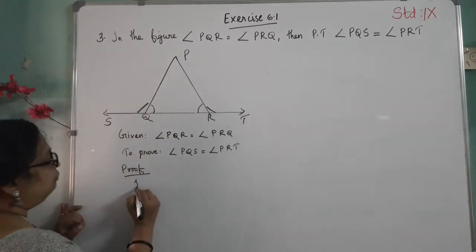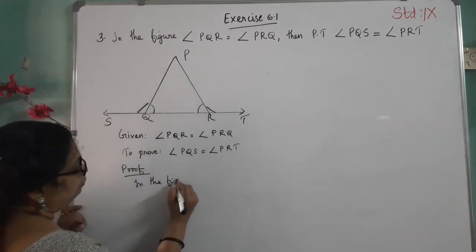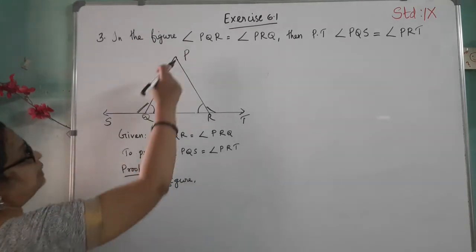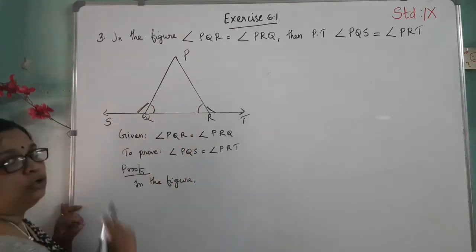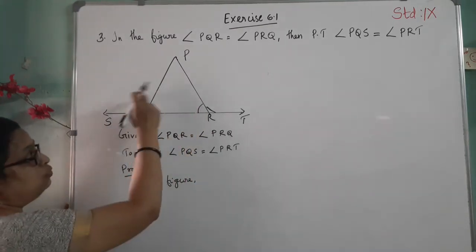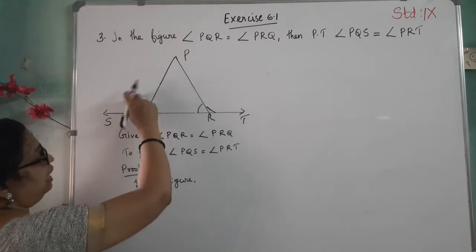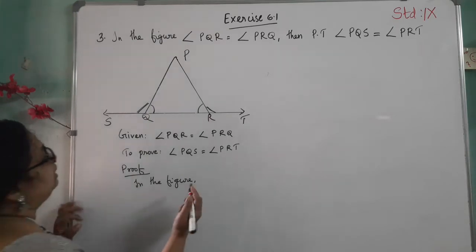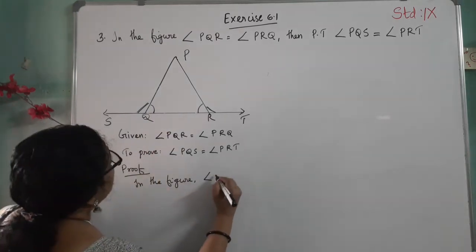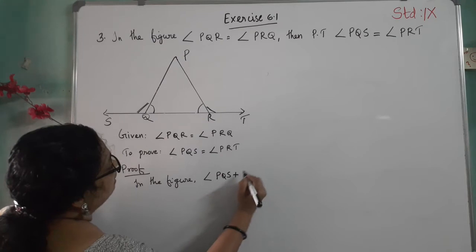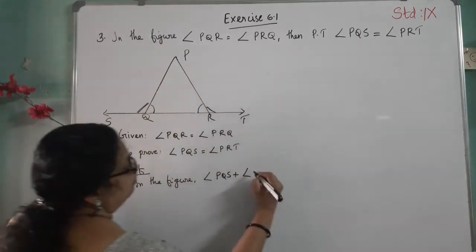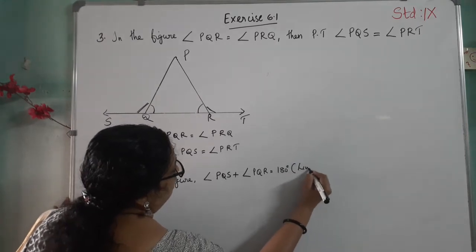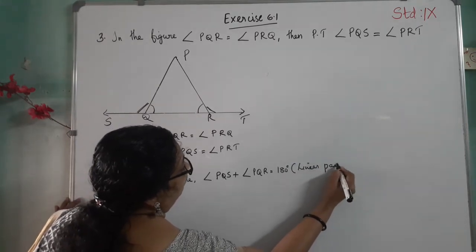Then proof. In the figure we can write angle PQS plus angle PQR equal to 180 degrees. Why? These two form a linear pair, that is, this angle and this angle are adjacent angles, so their sum is 180 degrees.